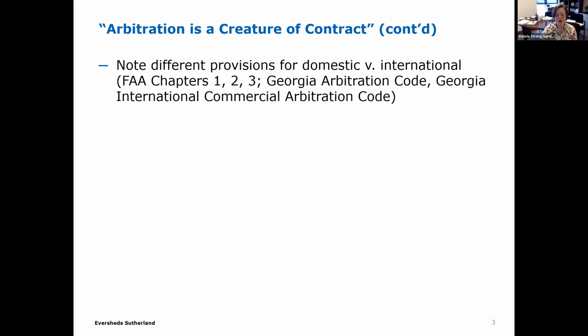An important corollary to arbitration being a creature of contract is to think about whether you want it when you're doing a deal agreement or any kind of pre-dispute arbitration agreement, because you should expect the parties' clear written agreement to be enforced. This isn't earth-shattering.